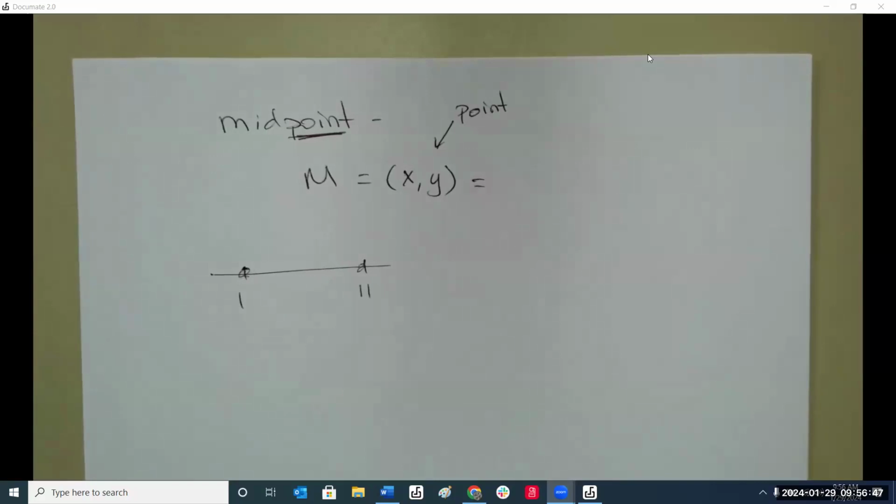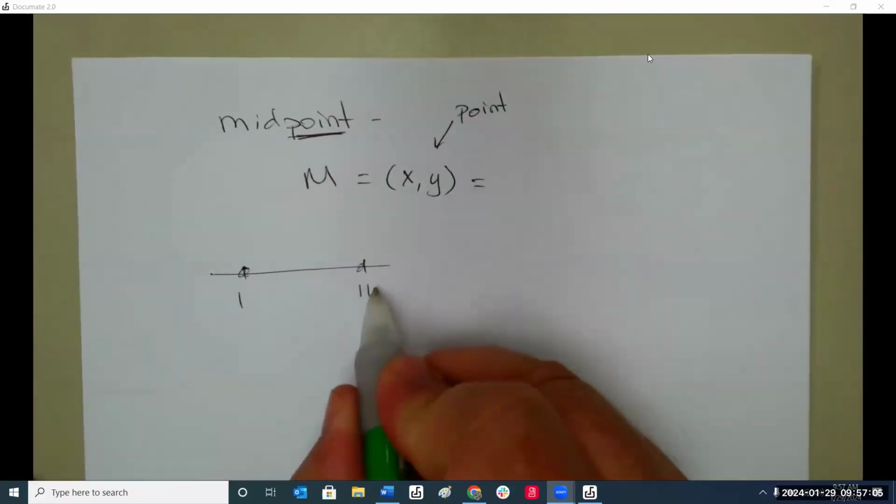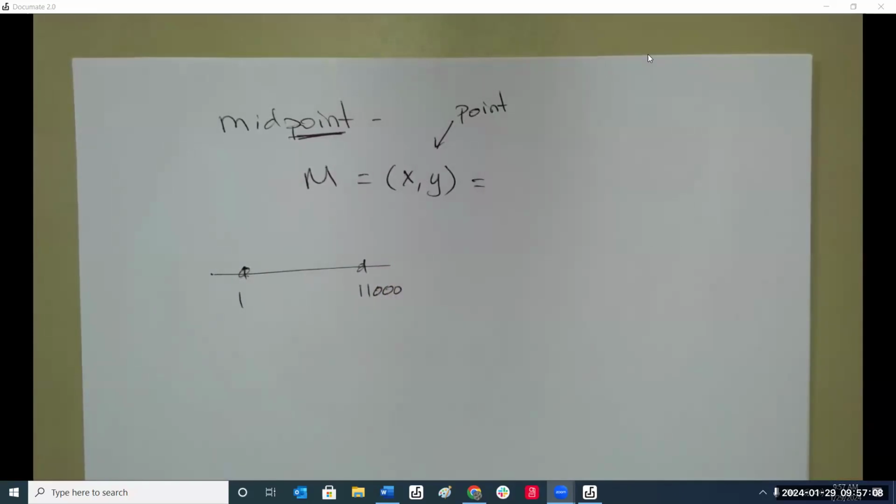Trying to slip me a quick one there. What's that? Why? Well, my geometry teacher said we don't start from the 1 and 11, we start from the 2 and 10, and then we can't cross it out. Okay, if that's the case, then 1 and 11,000. What's the midpoint between there? I'll come back tomorrow while you're still counting.